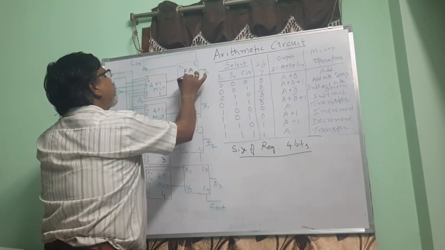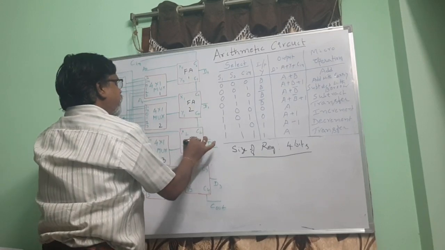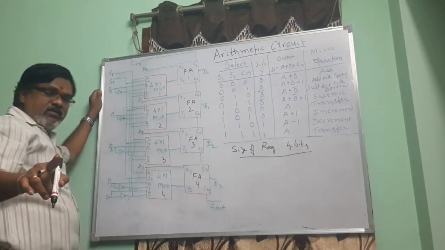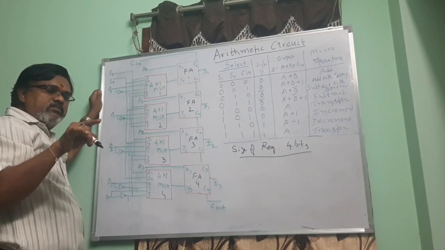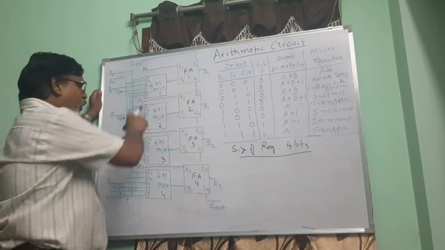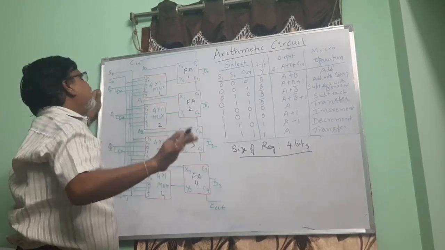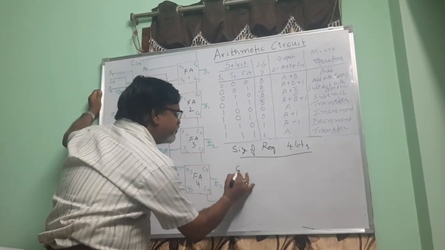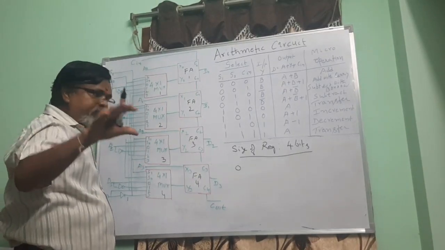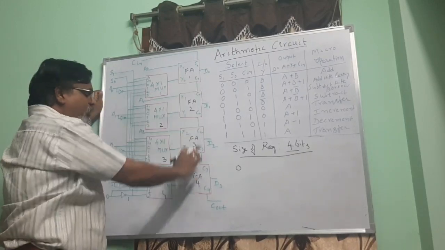1 full adder, second full adder, third full adder, fourth full adder. And once again I am warning you that when you start giving the numbering, always in our digital computer we have to start from 0. Even for the explanation's sake, if the size of the register is 4 bits, we are using 4 multiplexers and 4 full adders.